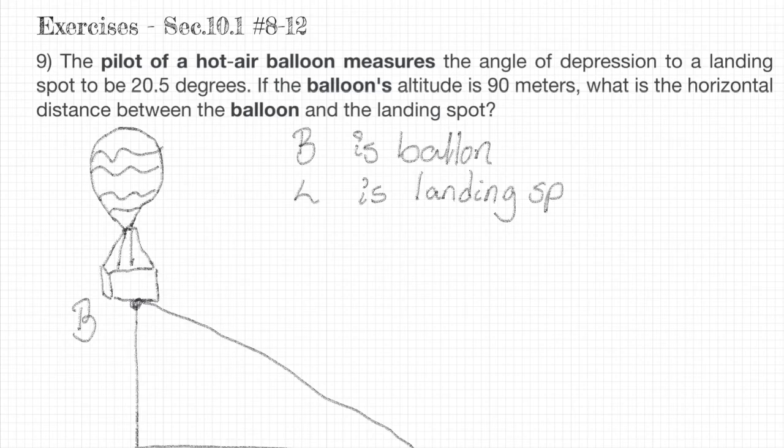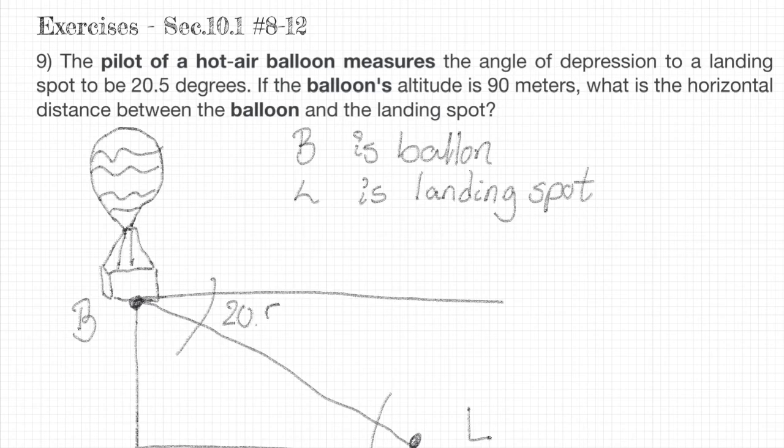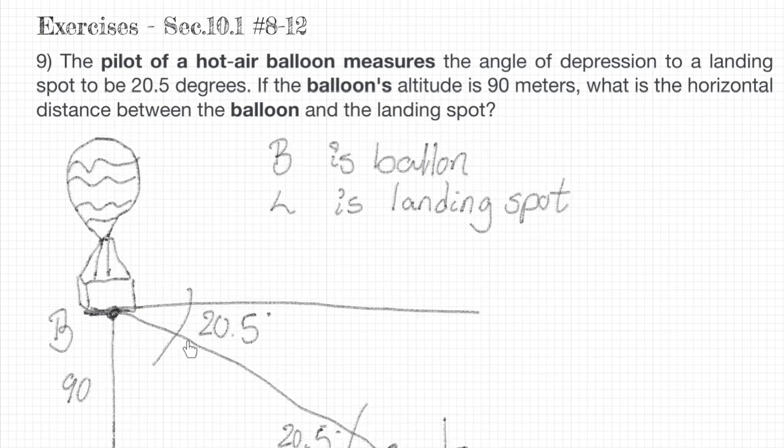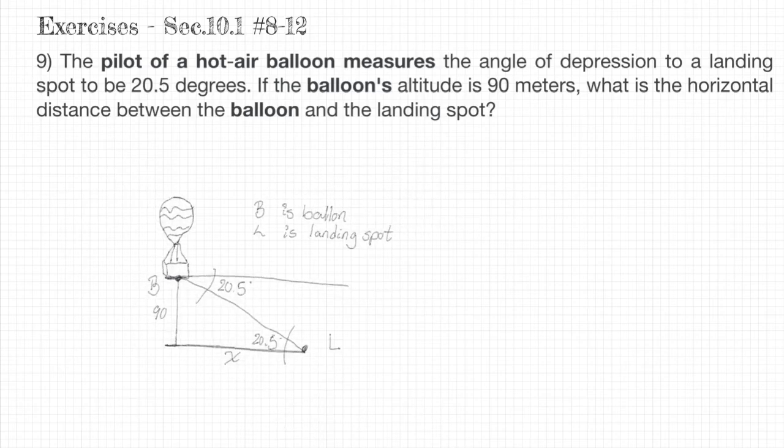L is going to represent my landing spot. So I have the angle of depression to the landing spot, which is 20.5 degrees. We're just going to imagine the person inside the hot air balloon is looking down, so it's an angle of depression, right?